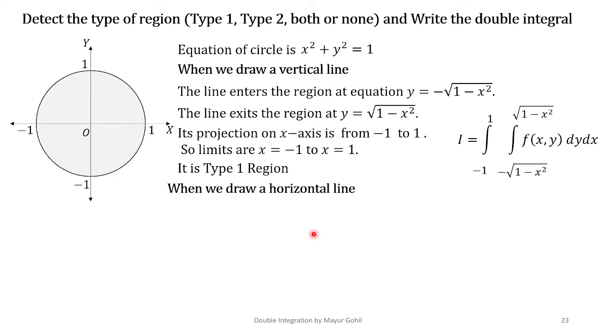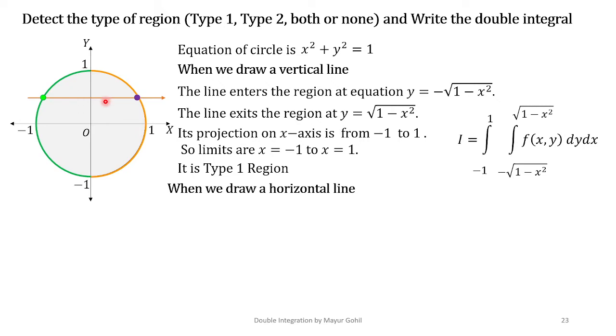When we draw a horizontal line across the region, the entry point is the green dot, on the semicircle which is on the left of the y-axis, and the exit point is this purple dot, which is on the right of the y-axis.